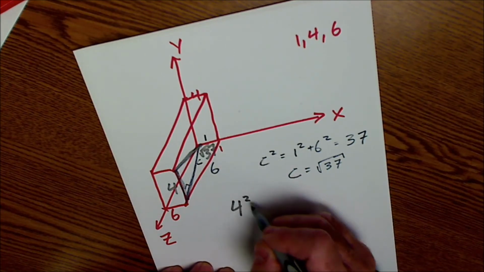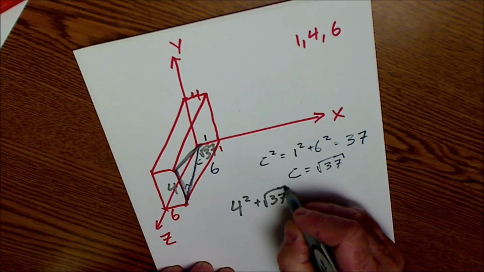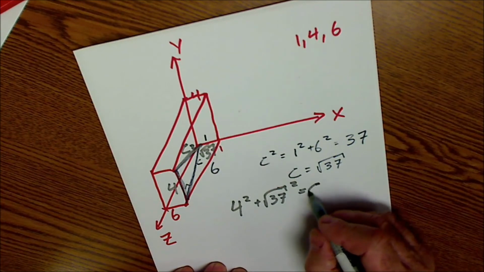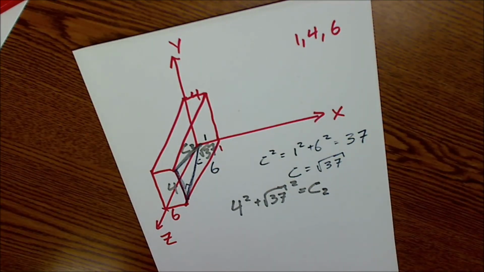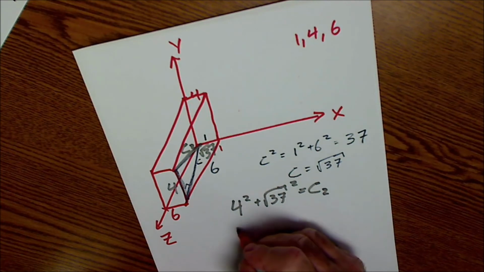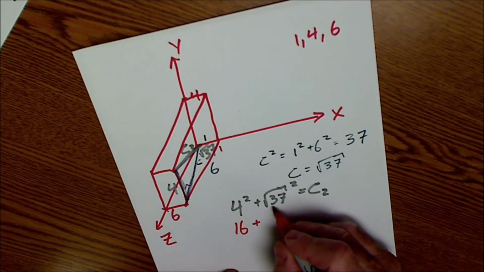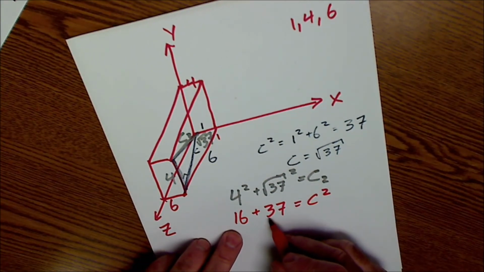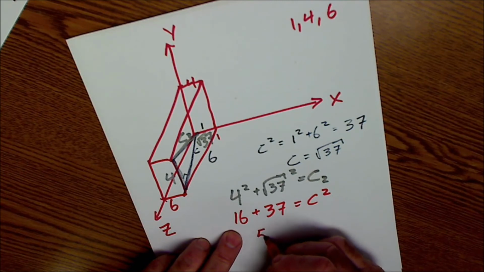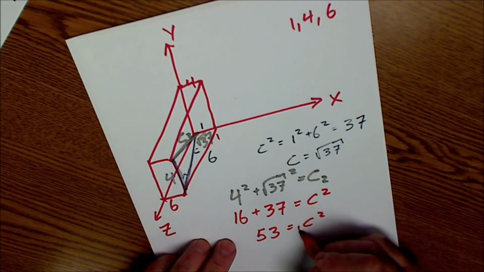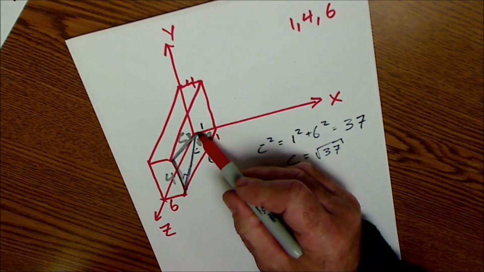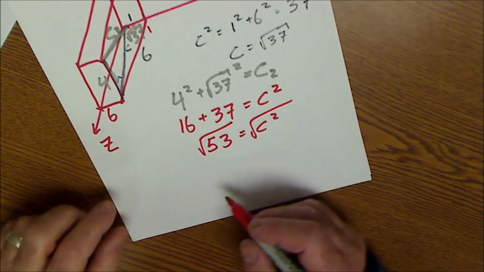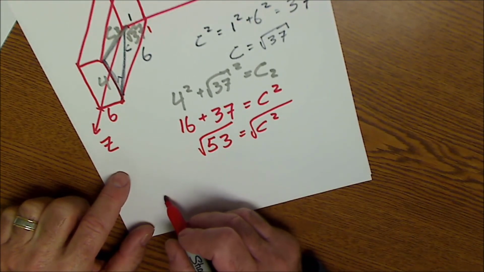So I have 4 squared plus root 37 squared equals, we'll call this c sub 2, c sub 2 squared. So 4 squared, 16, plus the square root of 37 squared, 37, equals c squared. 53 is equal to c squared, square root of both sides, and this long diagonal is the square root of 53.